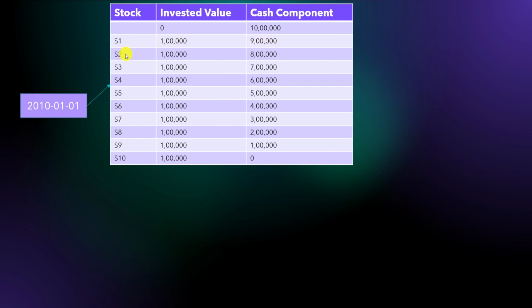Then you buy another stock with the same 1 lakh, and the cash component becomes 8 lakhs. Similarly, keep on buying all the 10 stocks and the cash component becomes 0. Over the period of time, the portfolio of stocks will keep growing or reducing depending on the market fluctuations. Now we have the cash component of 0.